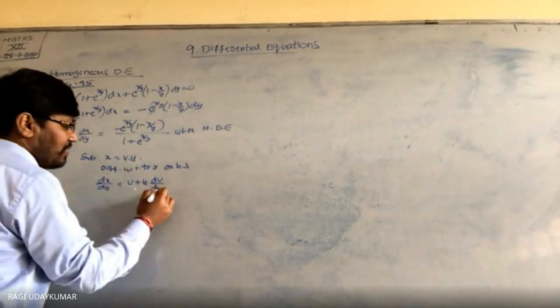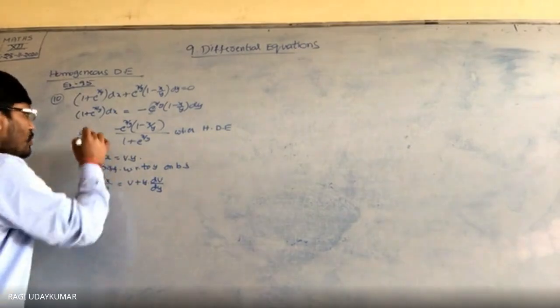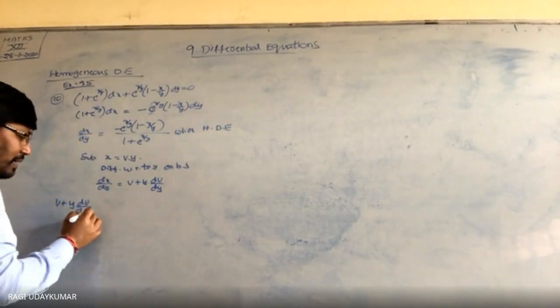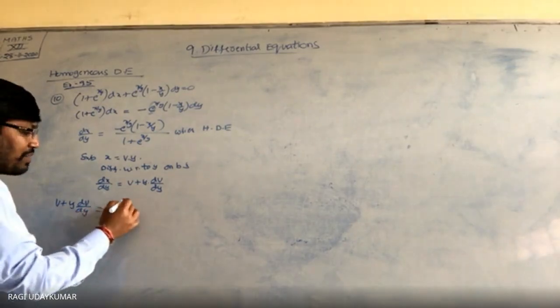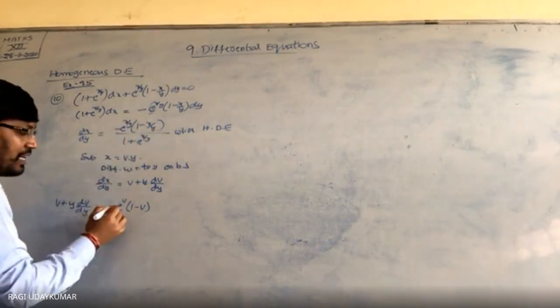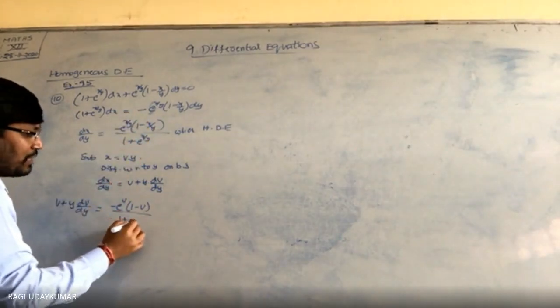So this you replace here: v plus y dv by dy is equals to minus e power v into 1 minus v, where x by y is equals to v, divided by 1 plus e power v.